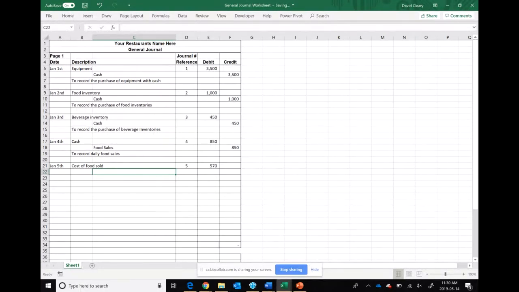We sold $570 worth of food inventory. We must now decrease our food inventory by the same amount, $570. And then the description here would be to record cost of food sold for the week.